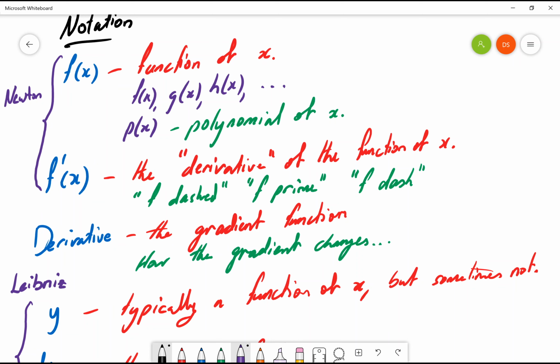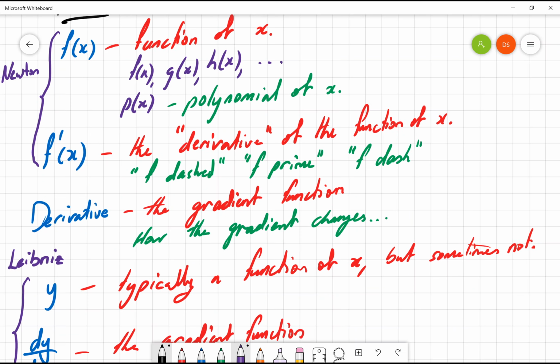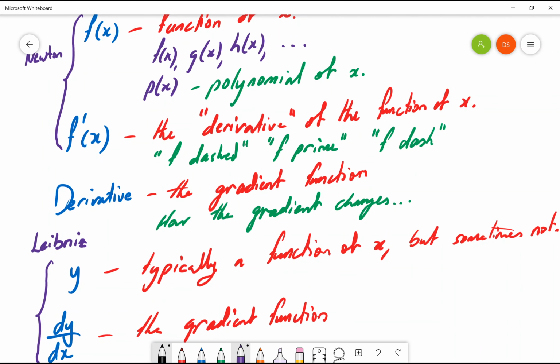Newton and Leibniz were really famous people. I don't want to just restrict them to mathematicians, but they are mathematicians. They're also physicists, scientists, inventors, all sorts of everything. So Leibniz notation and Newton's notation both have their own place. You will typically see me using Newton's notation until later on this year when I start using Leibniz notation. I quite prefer Leibniz notation, but only after I've used Newton's notation for a long time.